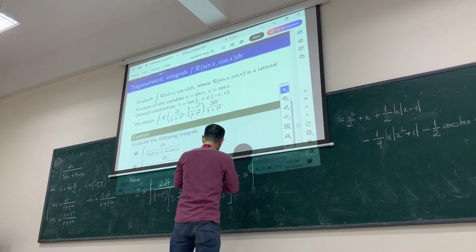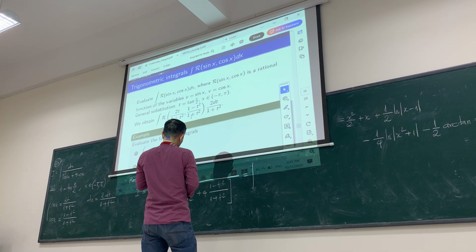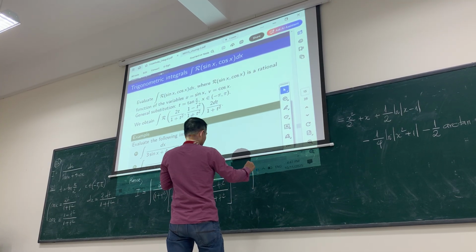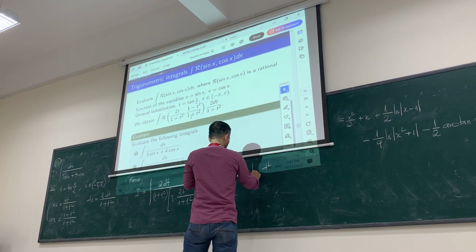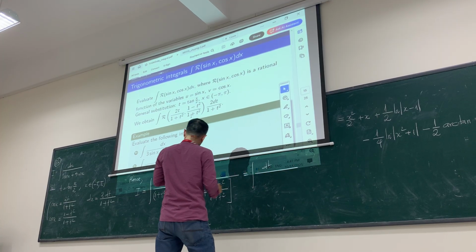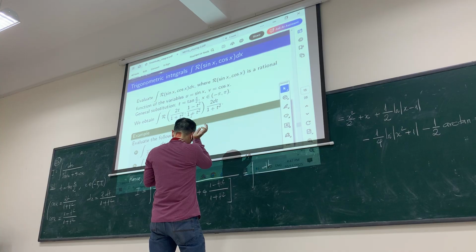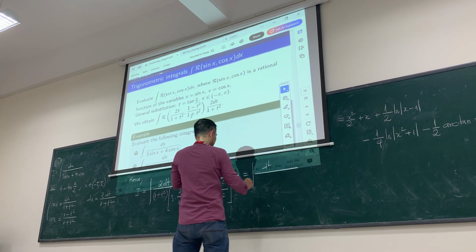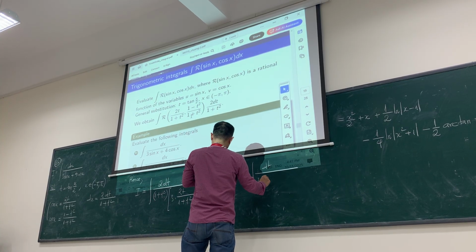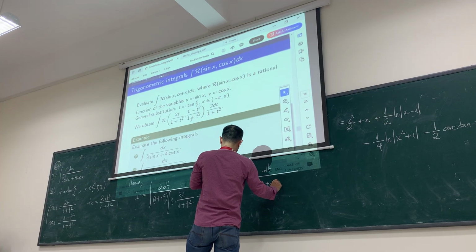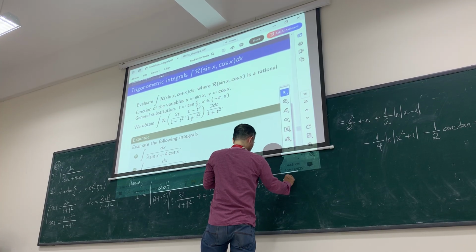You can derive the integral here as dt over 3t plus 2 minus 2t squared.